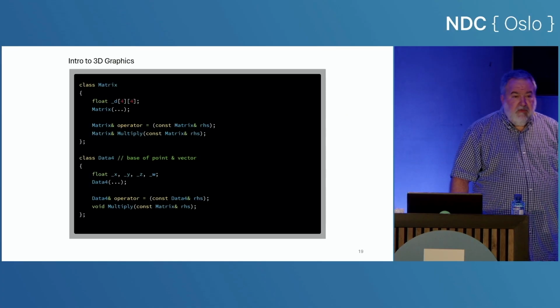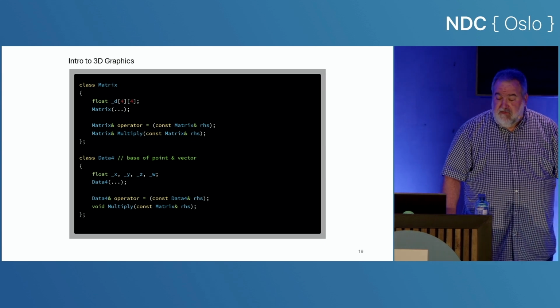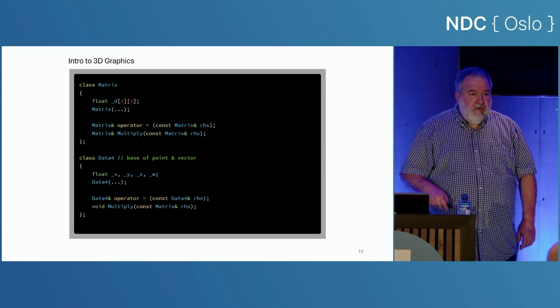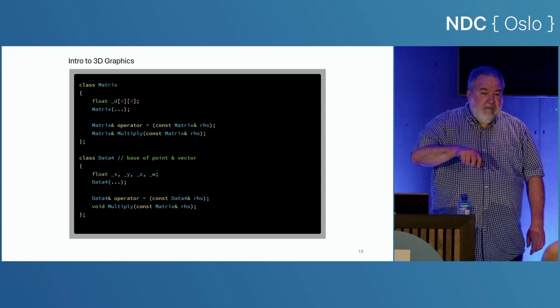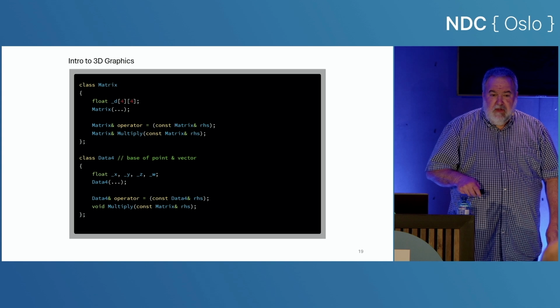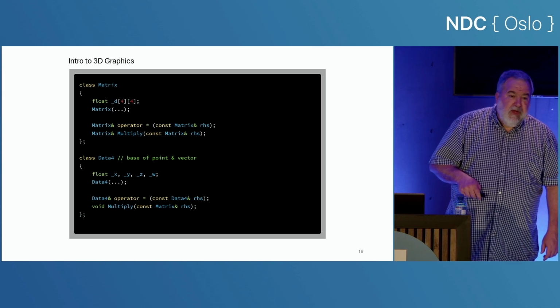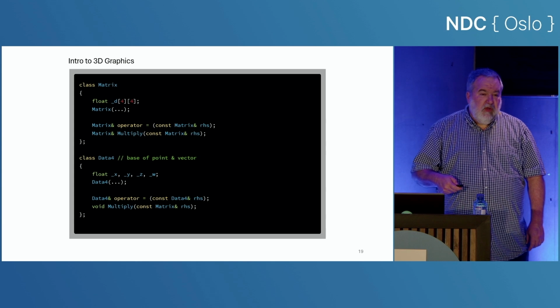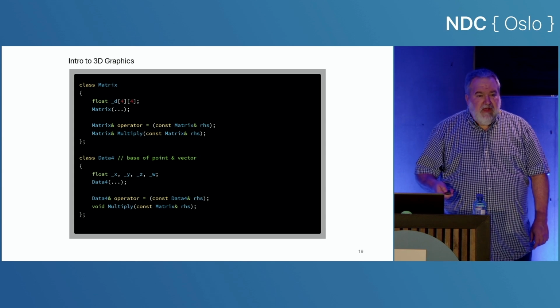Internally, I store a matrix as an array of floats, a 4x4 array. The reason we use floats is they're relatively fast inside the hardware of the CPU. You think you might, a float is 4 bytes. You might think you would want to use 8 bytes for more accuracy.